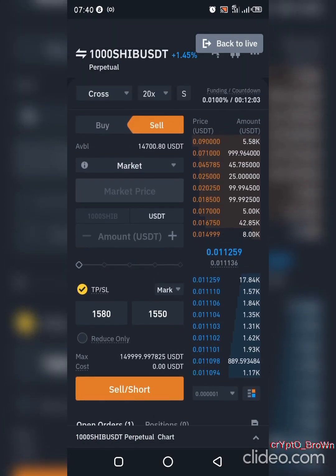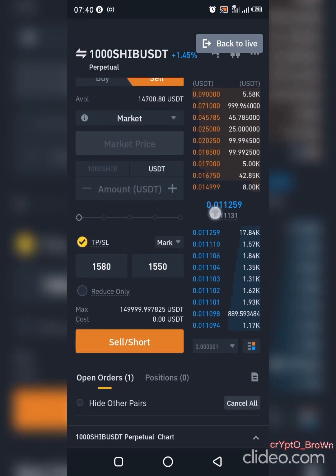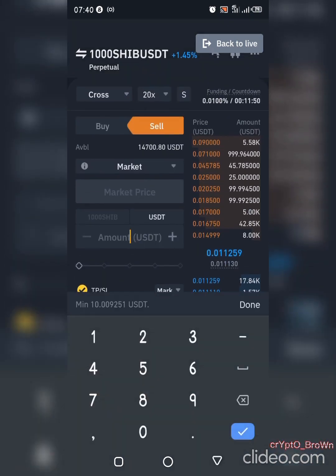Now, for us to enter into the market using a short position, the market order gives you the opportunity to enter the market at the current price. So we just enter the amount of USDT that we want to use to enter.